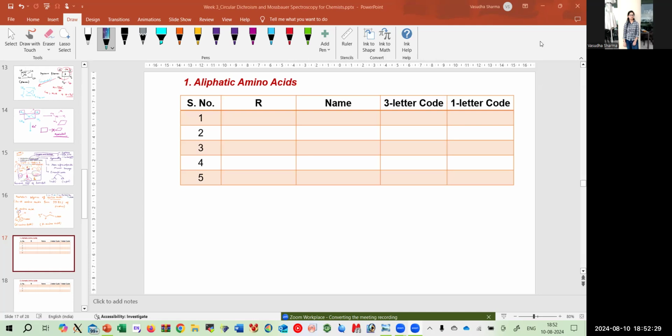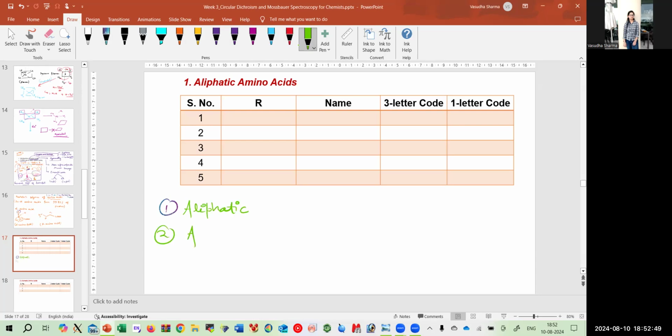Okay. So we are going to start here. We have aliphatic. Firstly, the first classification is aliphatic. Second type is aromatic. Third is polar.